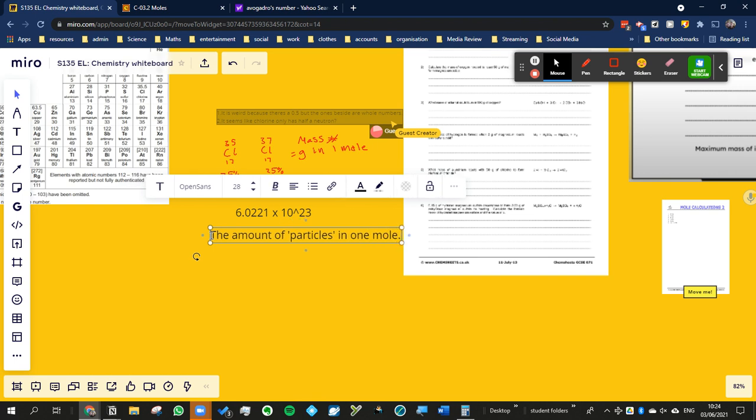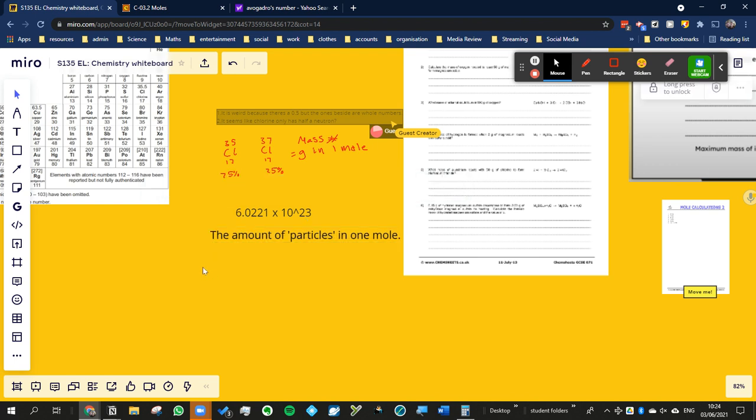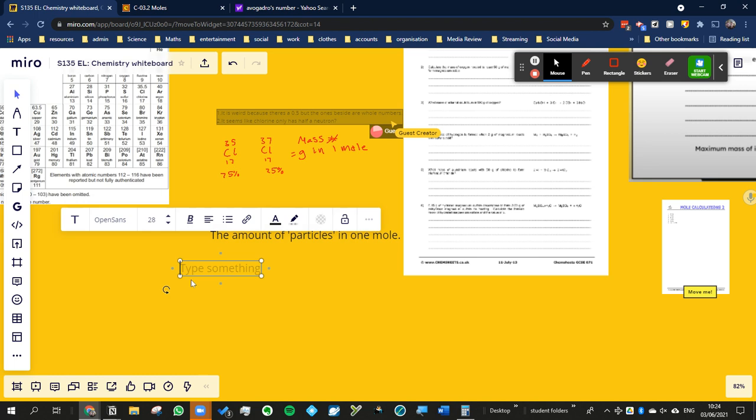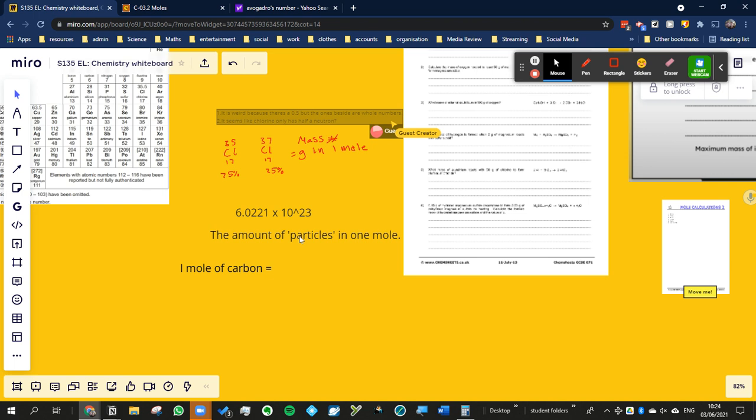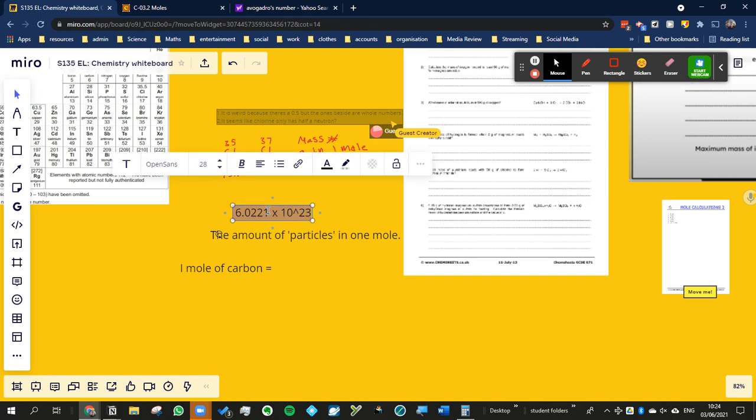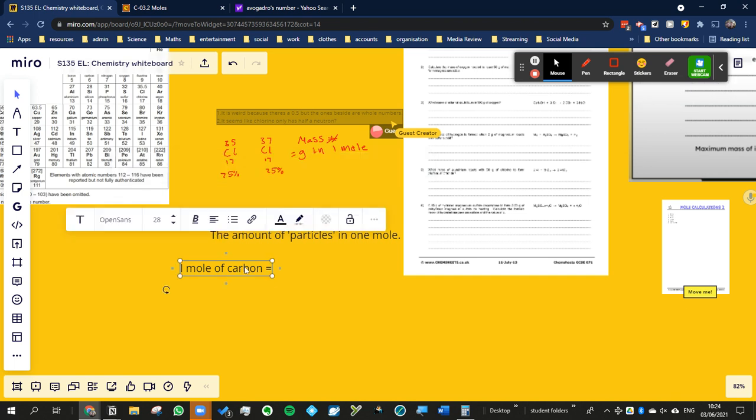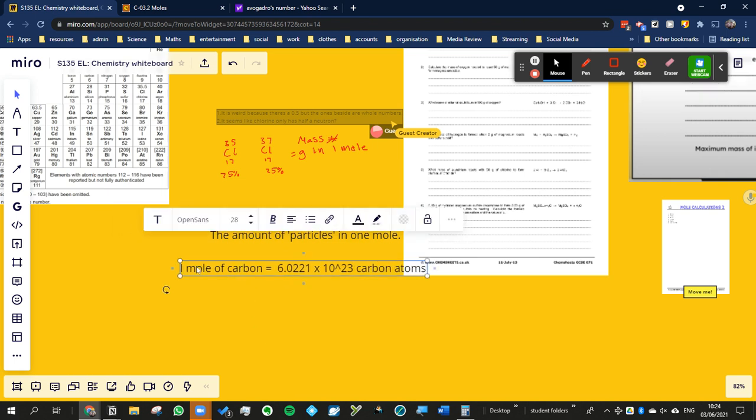Okay? So the definition of a mole is it's just this many particles or something. So in other words, 1 mole of carbon is equal to this number here, carbon atoms.